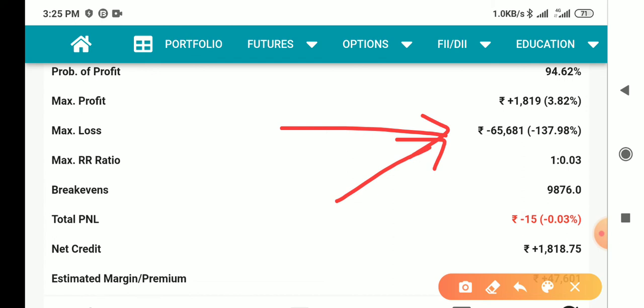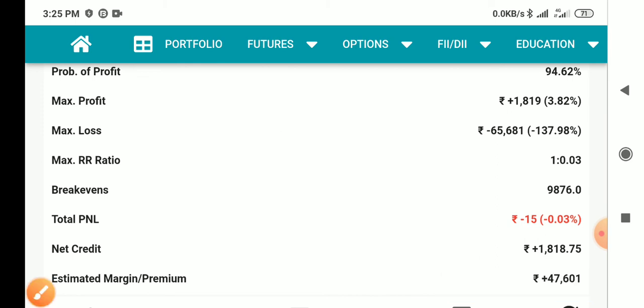Watch the VIX trend. If it crosses above the ATR trailing stop loss, that means the VIX trend is increasing. At that time we need to think about this maximum loss. At that time we need to close the position. When do we have to close the position?